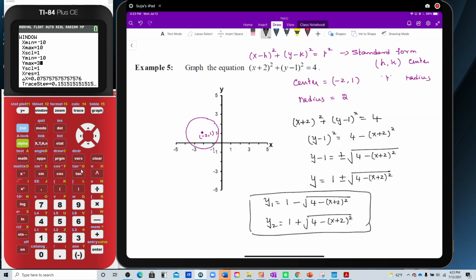Oh no, this should be y max, let it go to 5. And for x max, again I'll go to 5, hit graph and see what will happen.